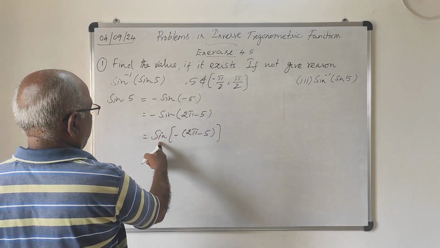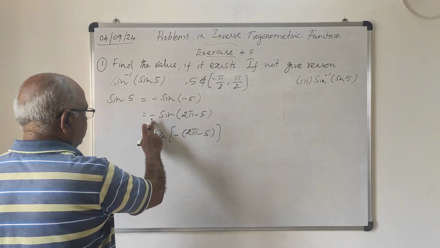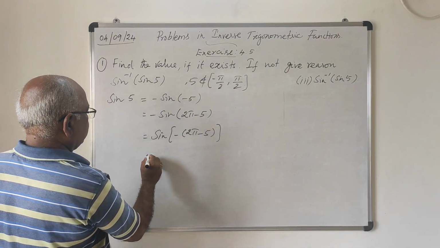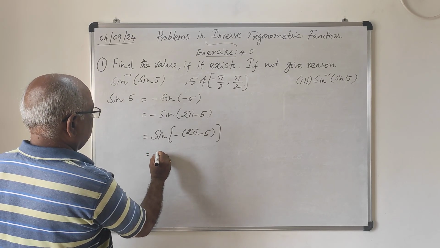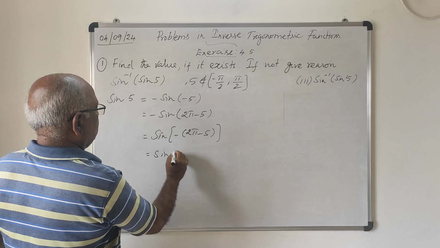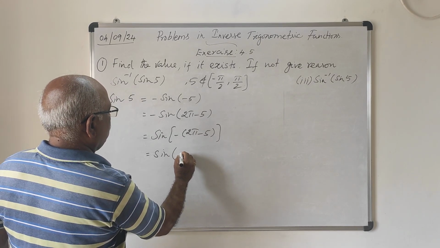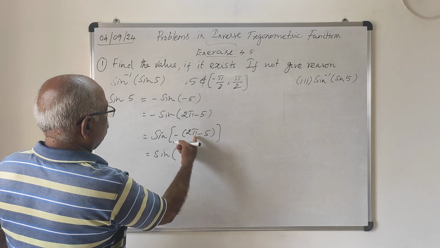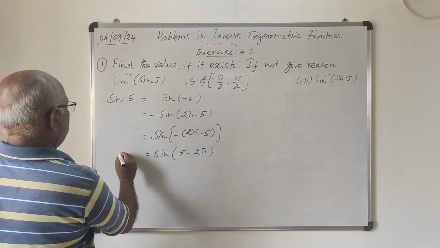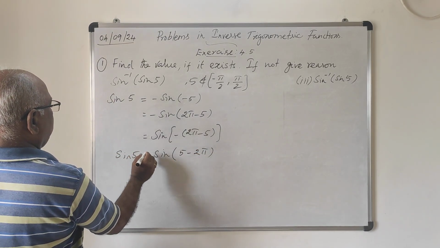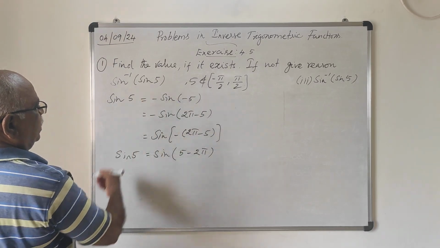Sine of minus theta is minus sin theta. So I am introducing minus within the sine. It's again equal to sine of minus of 2 pi minus 5, which is 5 minus 2 pi. So the sin 5 is replaced by sine of 5 minus 2 pi.